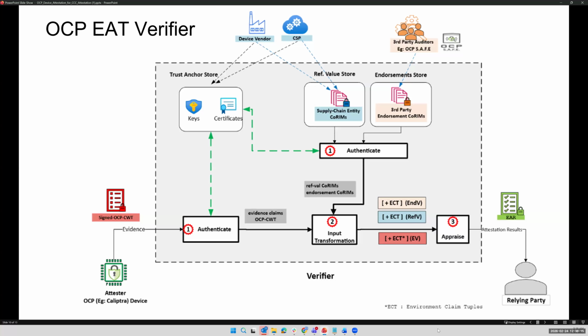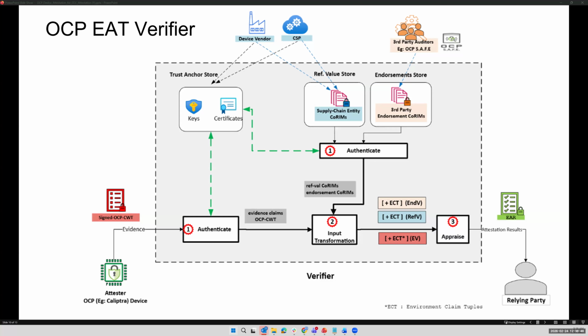The verifier would typically be provisioned with the trust anchor store that would be able to authenticate each of these inputs, conceptual messages. The verifier would first authenticate each of these messages, and then as a second step, each message is optionally transformed into an internal representation for a straightforward appraisal process, which is a mere comparison of the fields within the reference values and the evidence values.